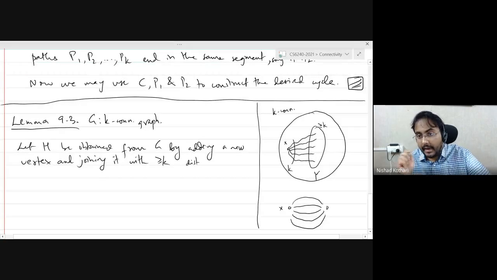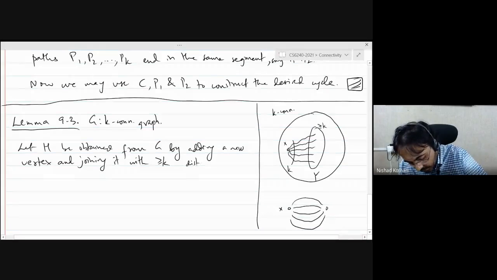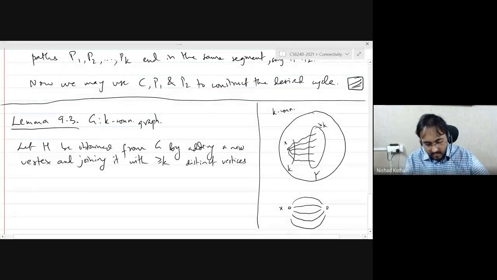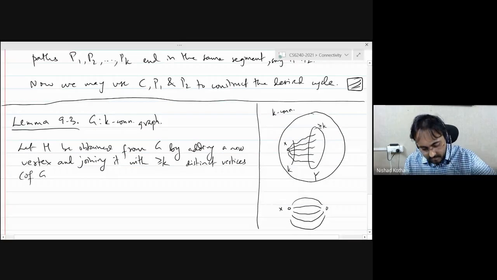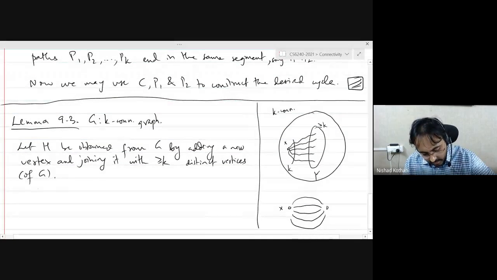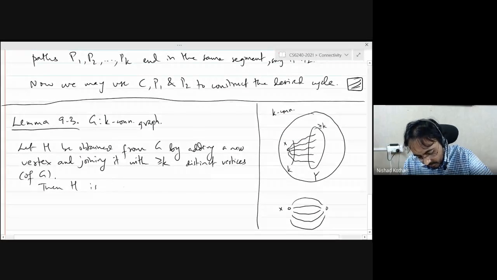By joining, I mean adding an edge from that vertex to those vertices, to k distinct vertices of G. Then the conclusion is that this graph H is also k connected, right?